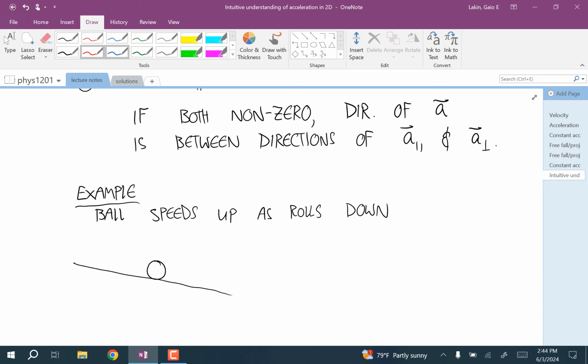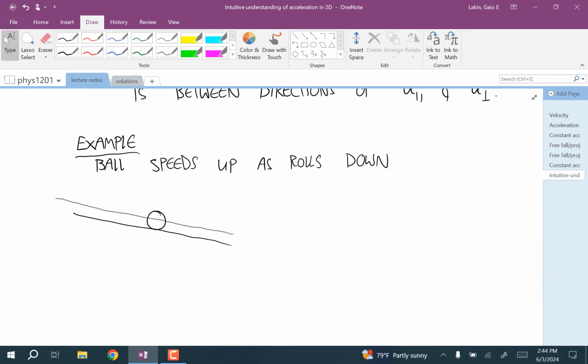And so the path of this motion is this. I'm going to put the motion right through the center of the object. Well, it's moving down the ramp, so the velocity vector I'm going to draw in the direction of motion, and that's this way. Okay, so that's velocity.